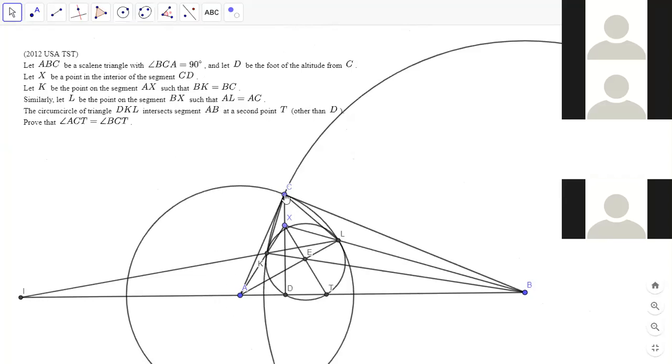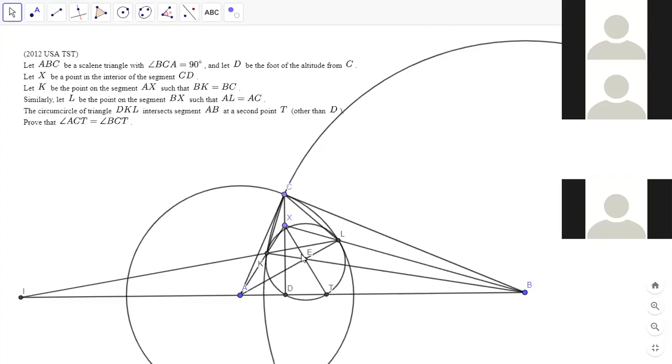So yeah, we have a right triangle where C is the right angle, and then we drop the altitude, and then X is any point on the altitude. And then we draw AX and BX, and then we draw L on BX such that ALC is isosceles and we draw K on AX such that BCK is isosceles.